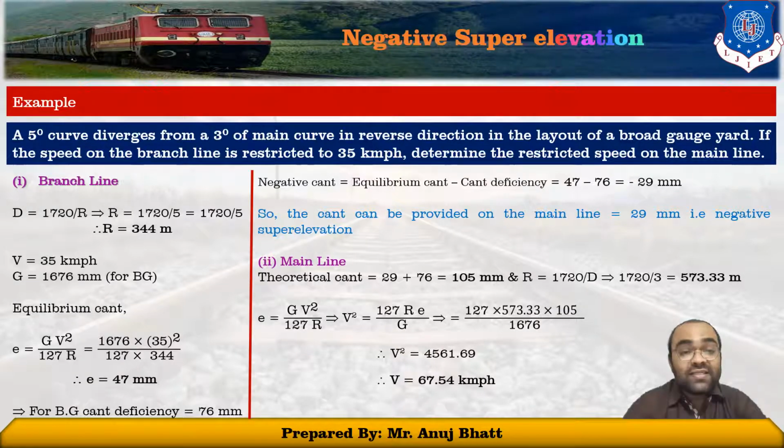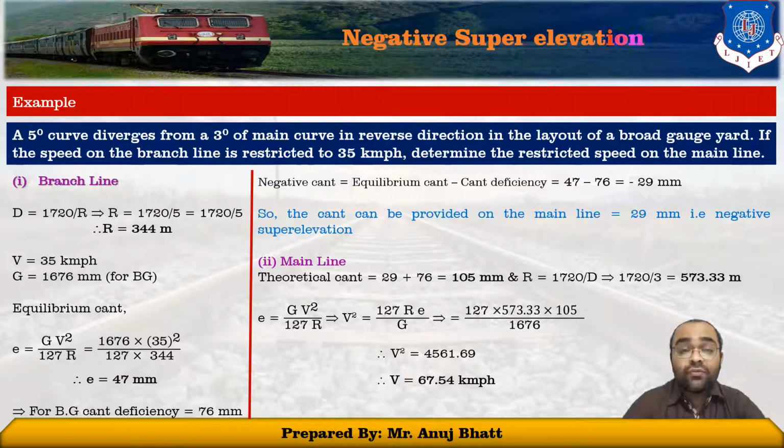While for the radius, the degree of curve on the main line is 3 degree. So the radius of that curve would be 573.33 meter. Based on this data, we can find out the value of speed V, which comes to 67.54 km per hour.